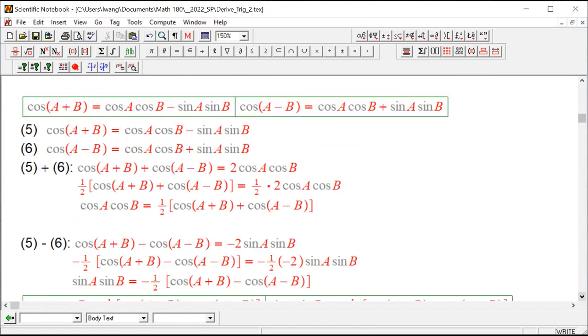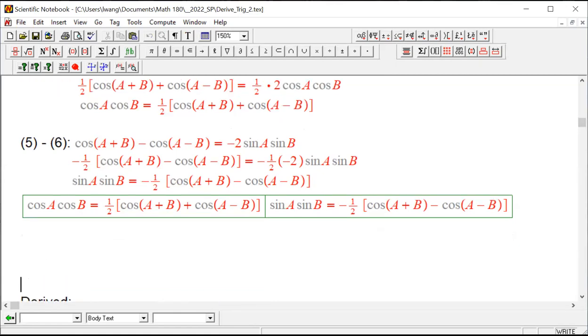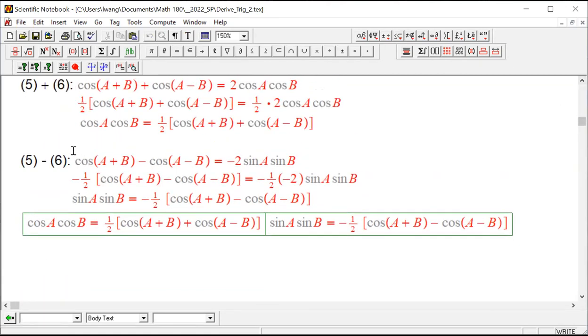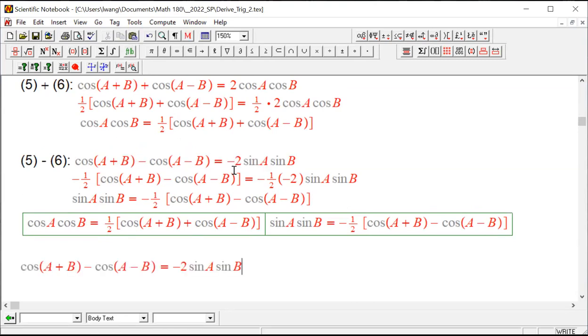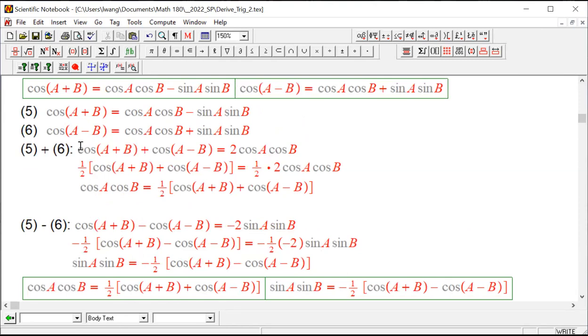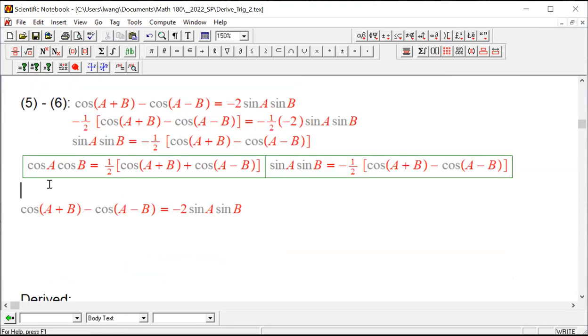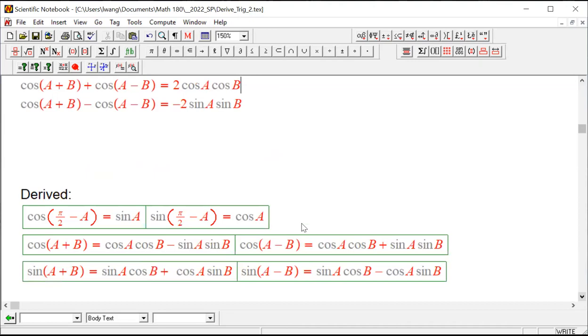So now, once again, we're going to take this piece, which we worked out, and we're going to take that piece. This time we're going to turn sum or difference to product.